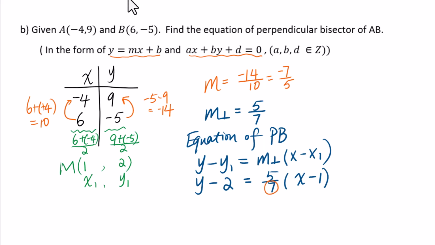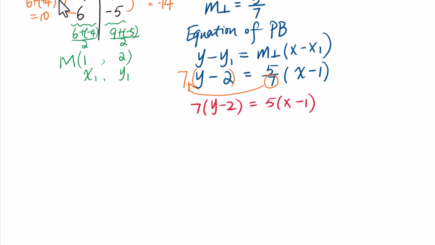We will move this 7 to the left side to do the distributive property. 7 times y minus 2 equals 5 times x minus 1. Distributive property: 7y minus 14 equals 5x minus 5.